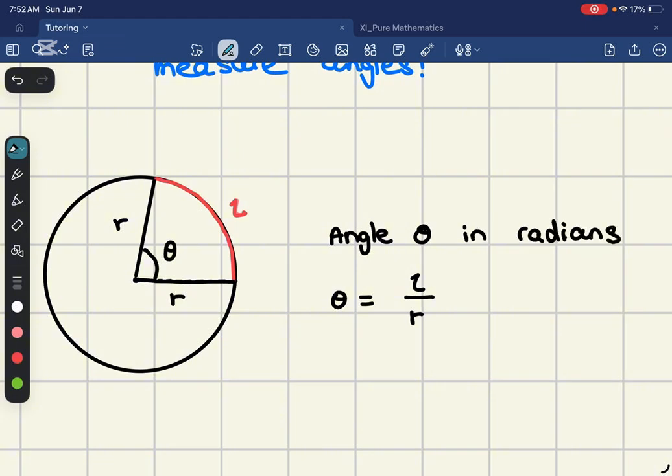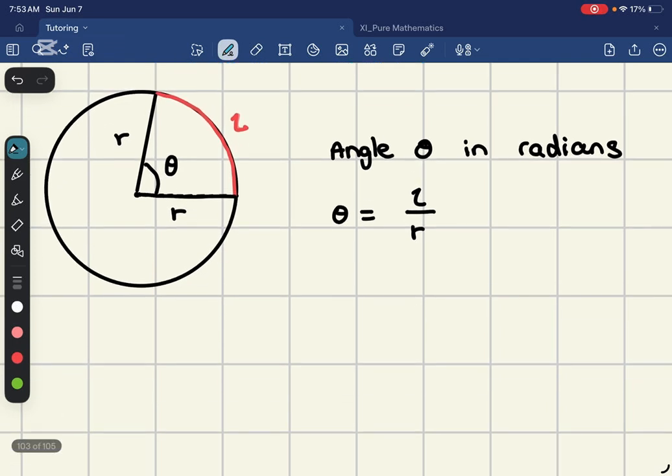So if you are given a diagram and you need to find the angle in radians, this is the formula that you are going to use.